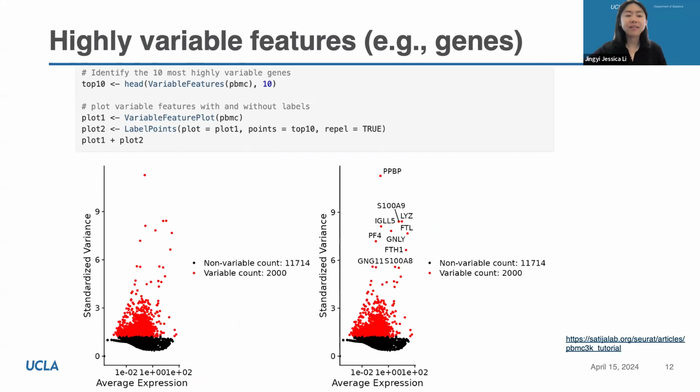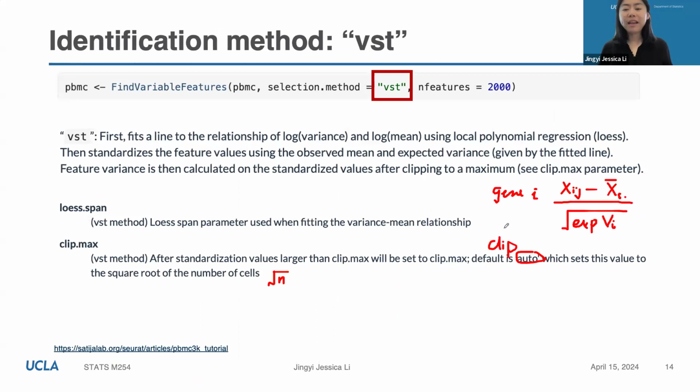By clipping, right? Okay, it's not exact here, because this is the standardized variance. By standardized variance, we're making the calculation of variance after the standardization, after clipping. So using those two steps, you get the clipped standardized gene expression counts.